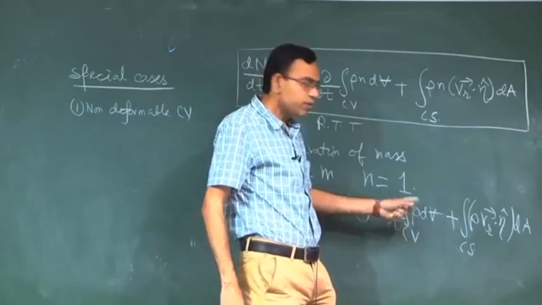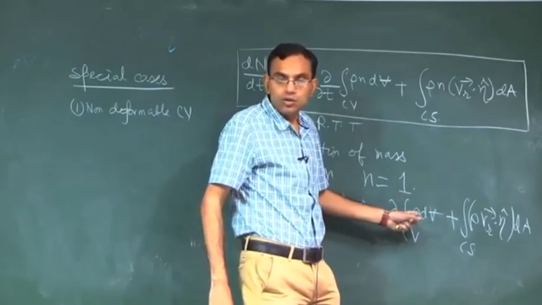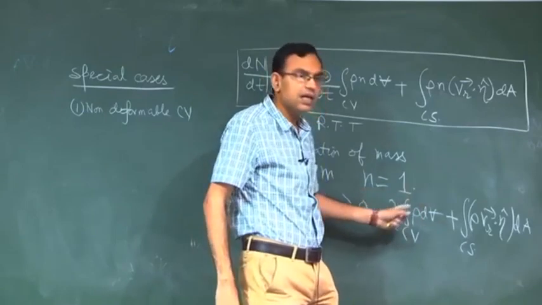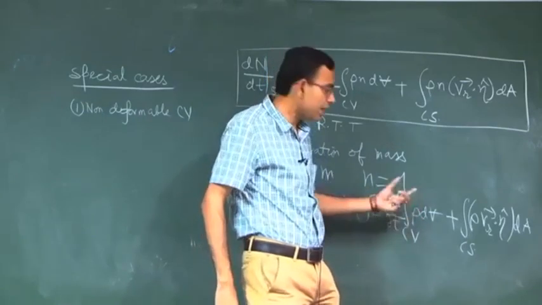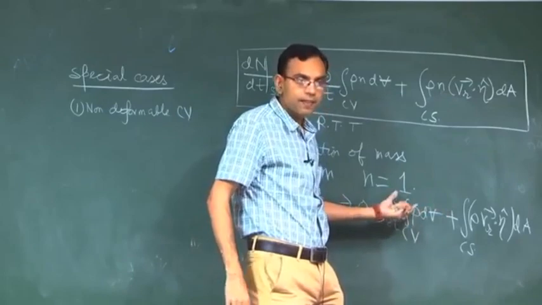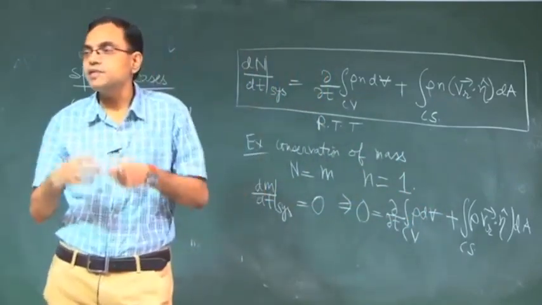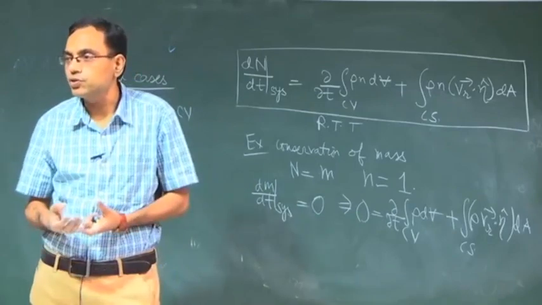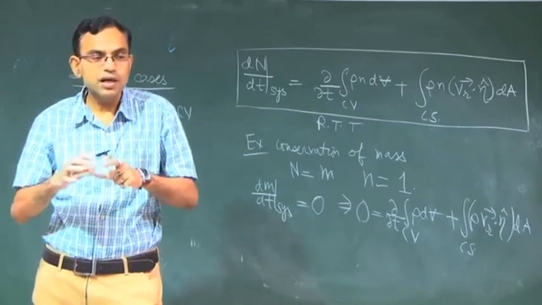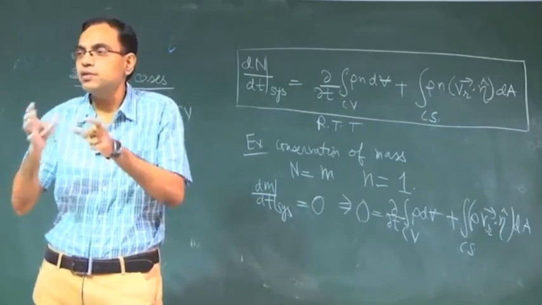Otherwise, we have to use the Leibniz rule for differentiation under the integral sign and make a correction to this. We will see later on that the Leibniz rule itself is a special case of the Reynolds transport theorem, and it is a beautiful analogy between mathematics and physics.